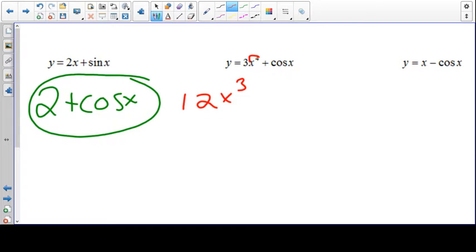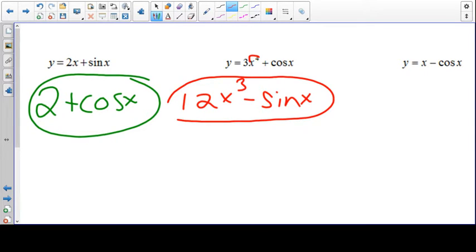The derivative of cosine is not sine, so therefore it's going to be 12x cubed minus sine. The derivative of x, or just 1x, is going to give me 1. The derivative of cosine is not sine, so I'm going to have a negative sign here. Negative turns positive, so I have 1 plus sine of x.